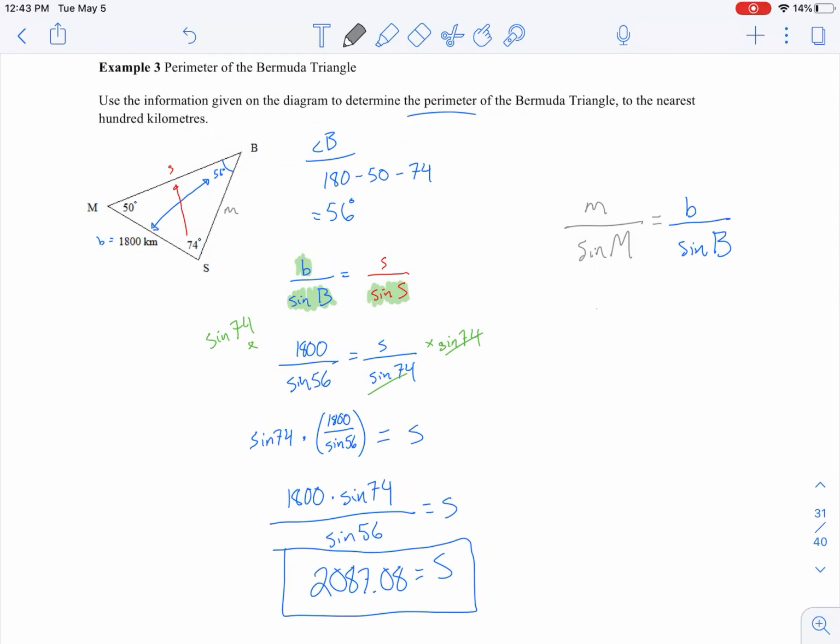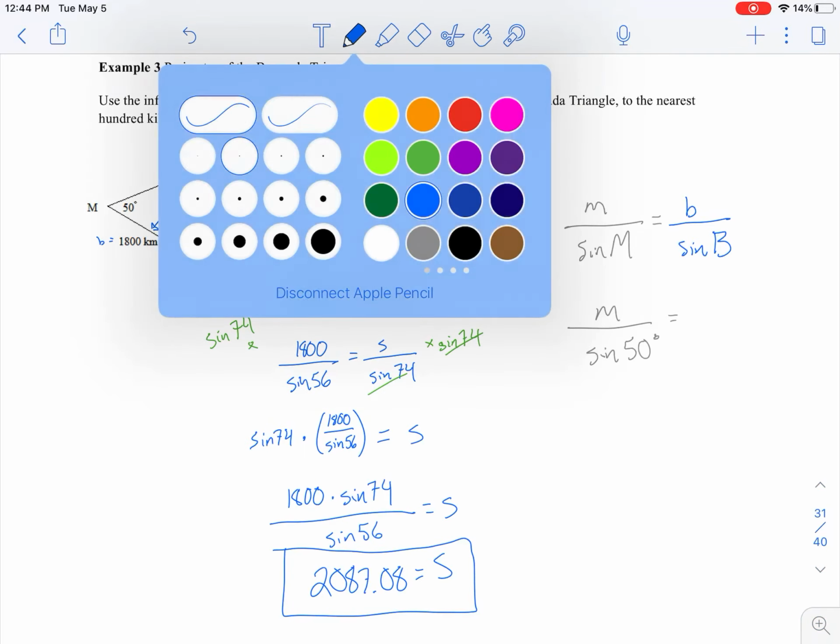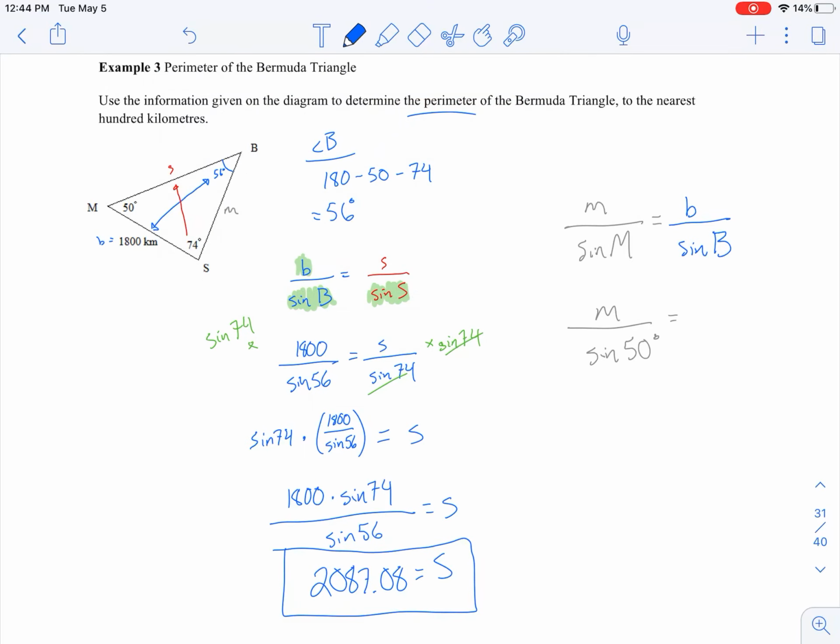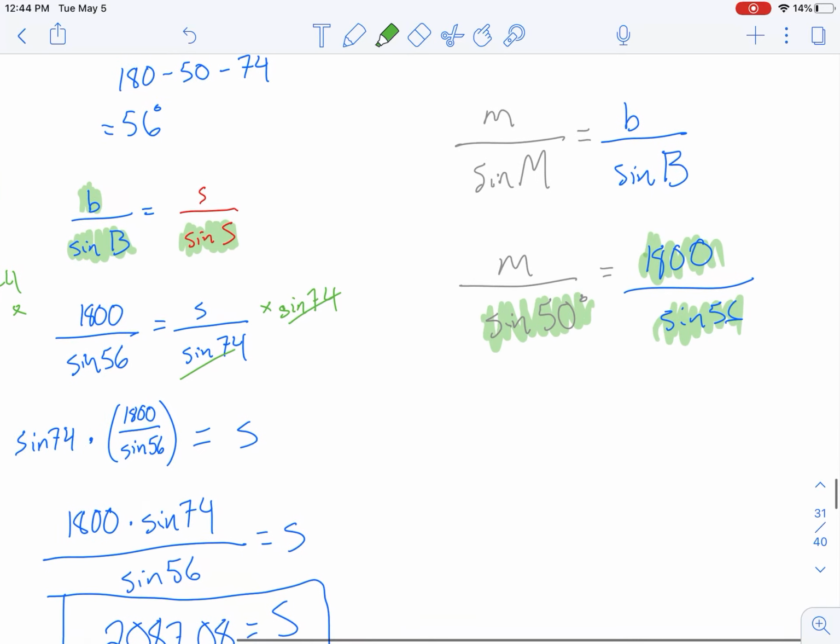We don't know what M is, but we know sine M is sine of 50 degrees, equal to, same as before, B over sine B, 1800 over sine 56. So we have three of the four pieces of the puzzle, and we're solving for that last piece, M.